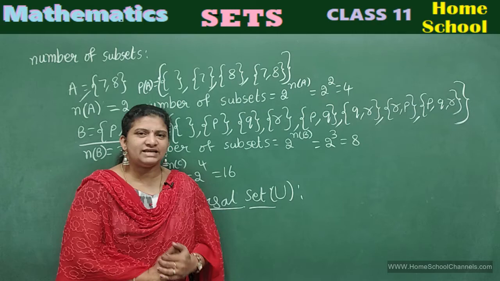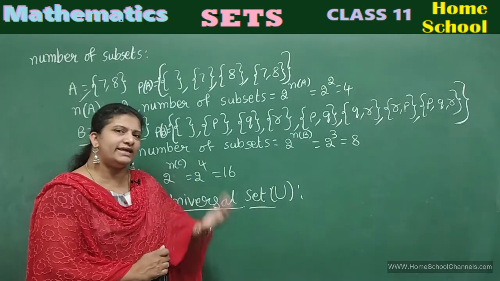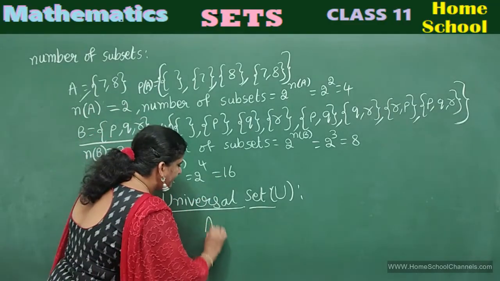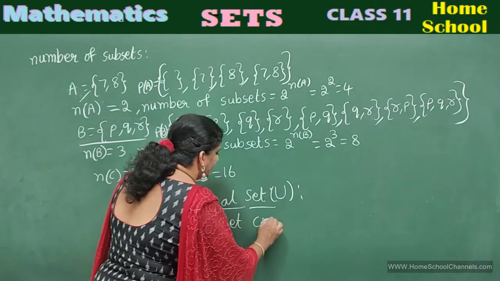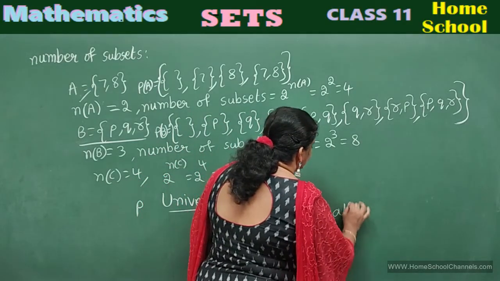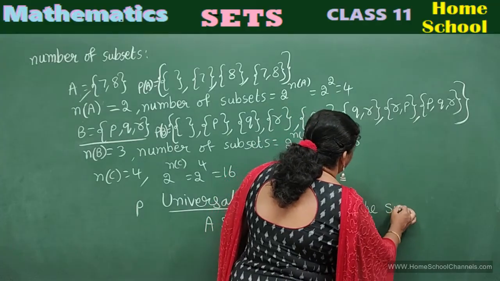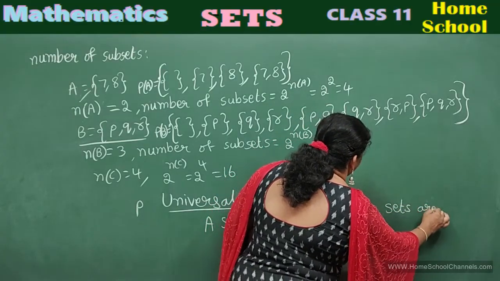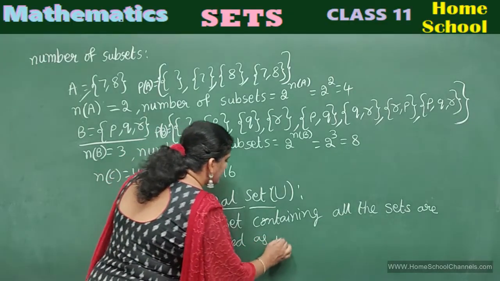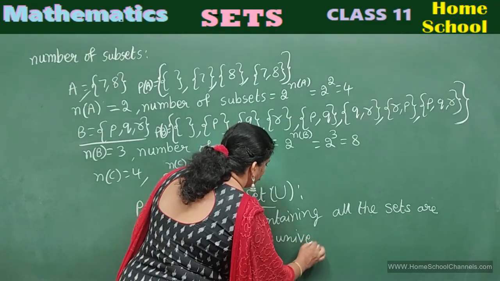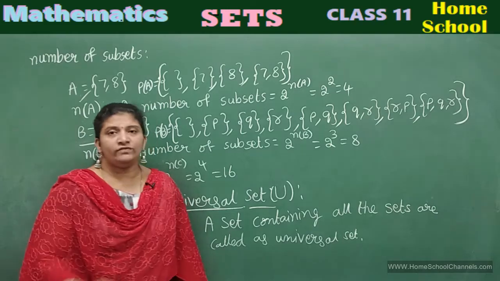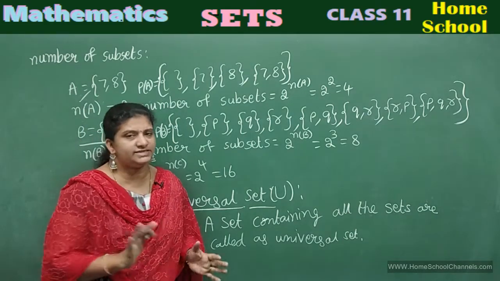A set containing all the given sets is called a universal set, and it is denoted by the capital letter U. Universal set contains all the sets.